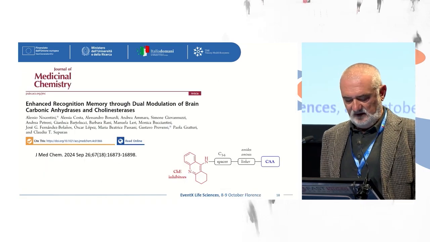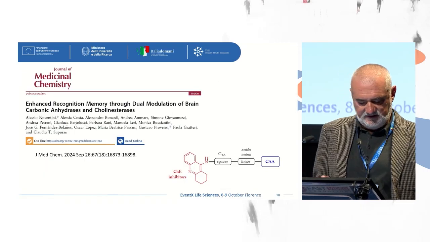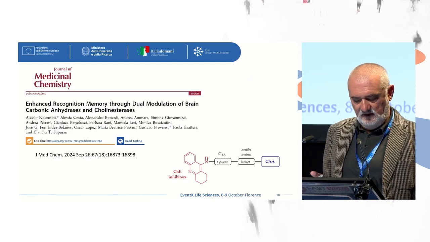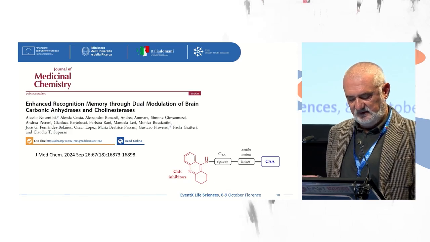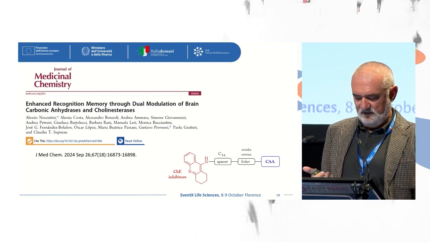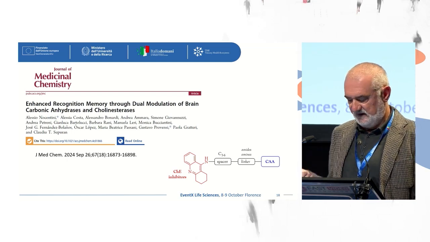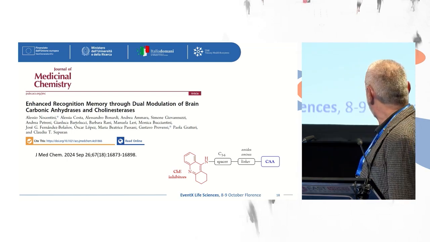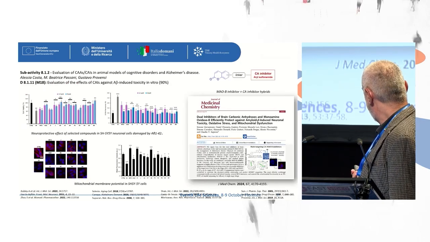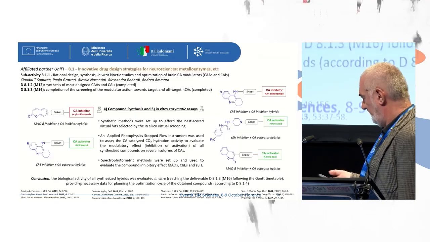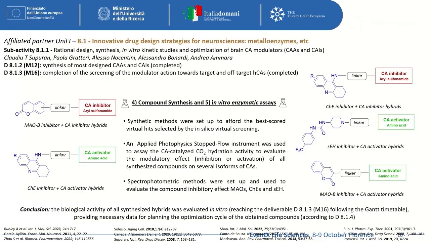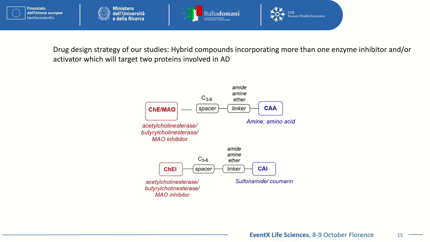The second example is again a recently published paper, just a few weeks ago, in which we observed enhanced recognition memory through the dual modulation of brain carbonic anhydrases with activators. You see the fragment contains carbonic anhydrase activators.